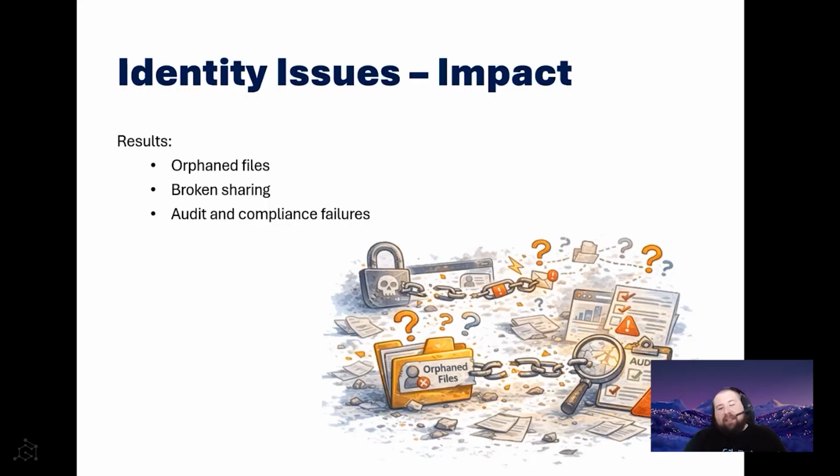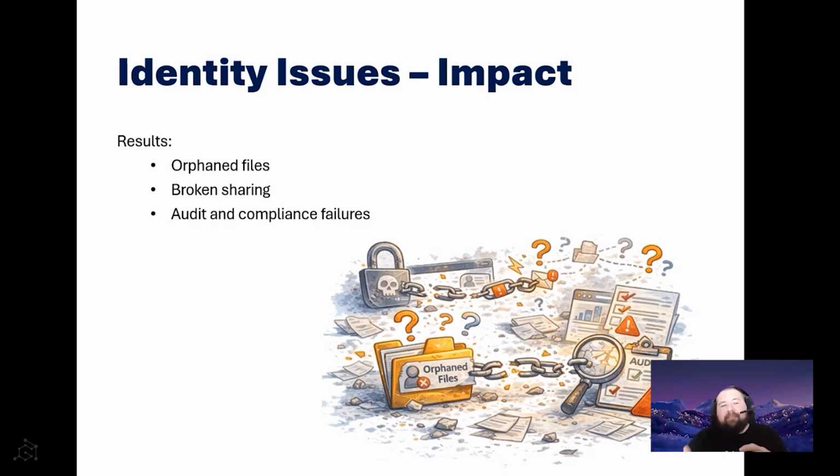This means that files become orphaned, sharing breaks, and again, it touches on audit and compliance failures. An orphan file means that the file exists in your SharePoint Online space, the file's there, but it's got no owner. It's literally like real life. If you were an orphan in a family situation, you have no parents, so who do you turn to tell you what to do? Same thing with these files.